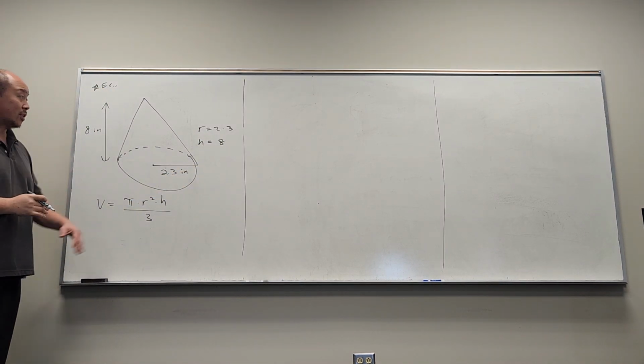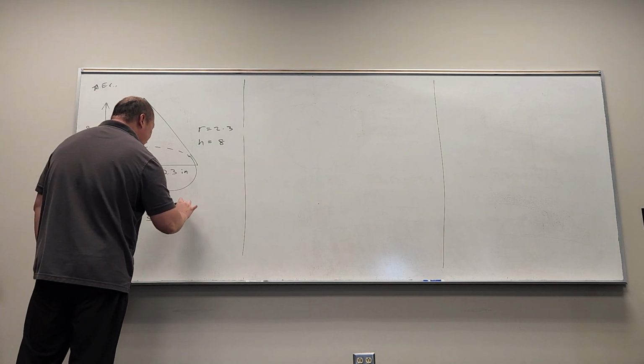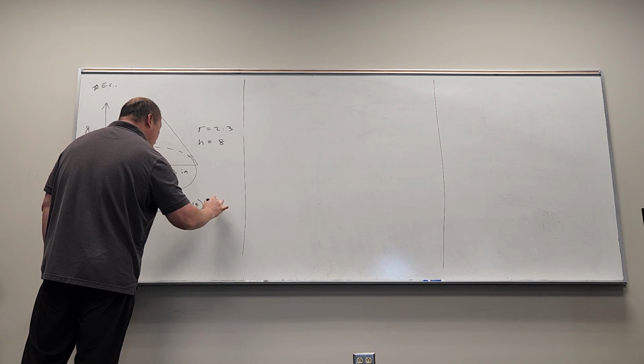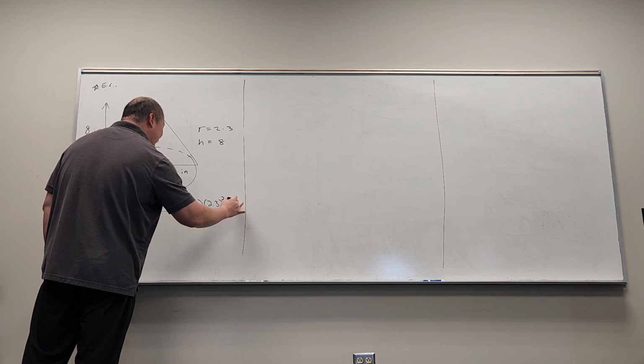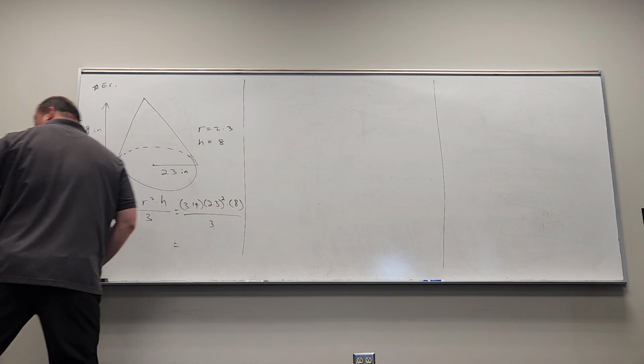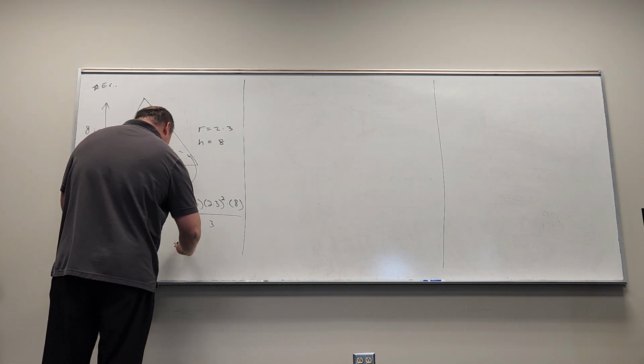So all you have to do is plug it in: 3.14 times 2.3 squared times 8, all over 3. Let's plug it in. So 3.14 times 2.3 times 2.3 times 8 divided by 3.